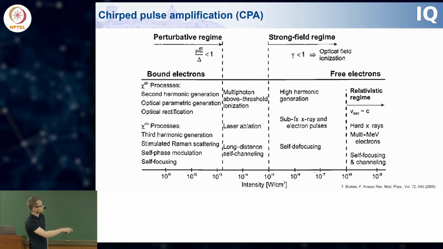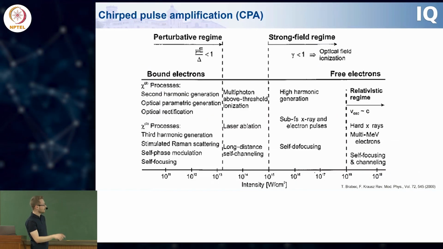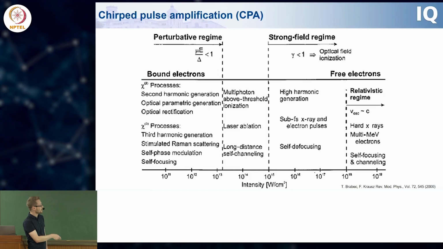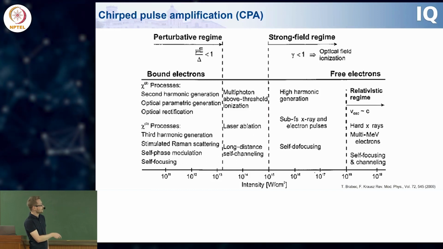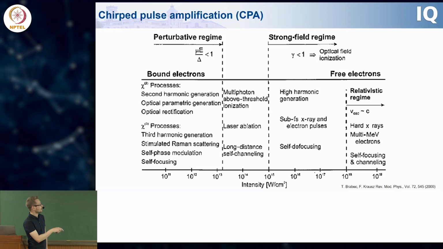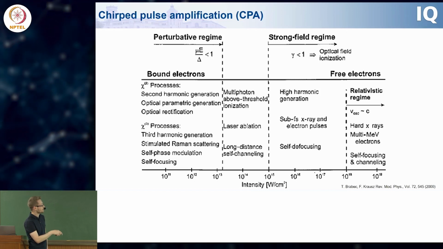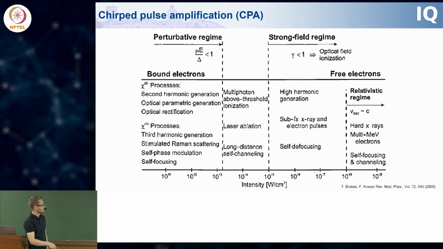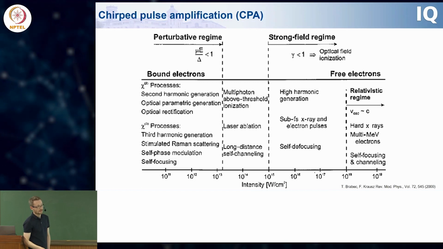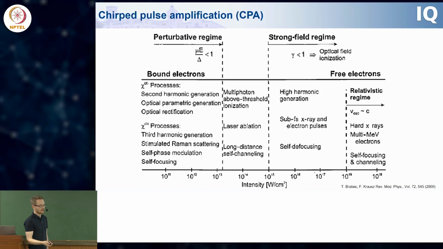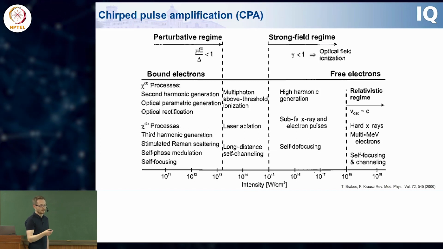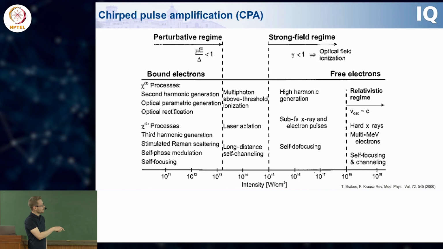And let's demonstrate that here. Some of you might already know second harmonic generation, these perturbative processes in the lower intensity range that are based on still bound electrons of the atom. For example, second harmonic generation, the classical example: if you see a pulsed green laser, it's probably a frequency doubled ytterbium YAG laser.